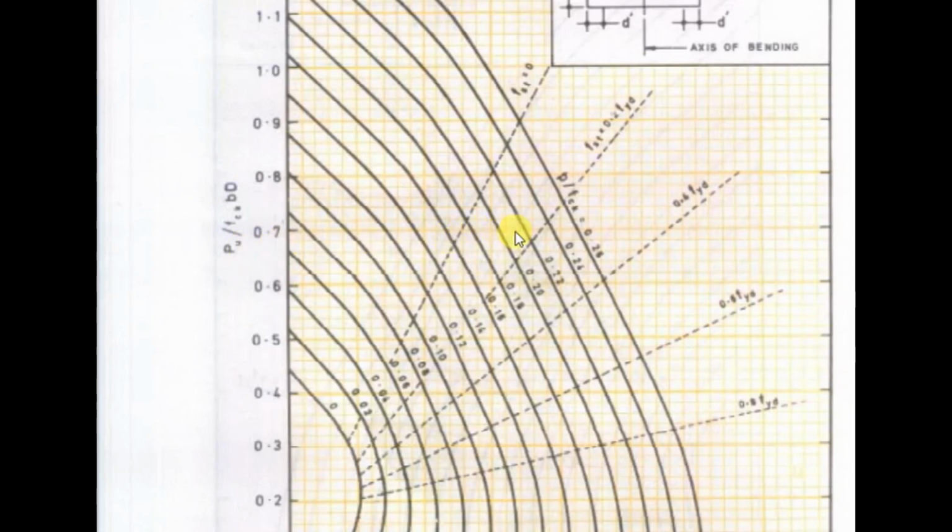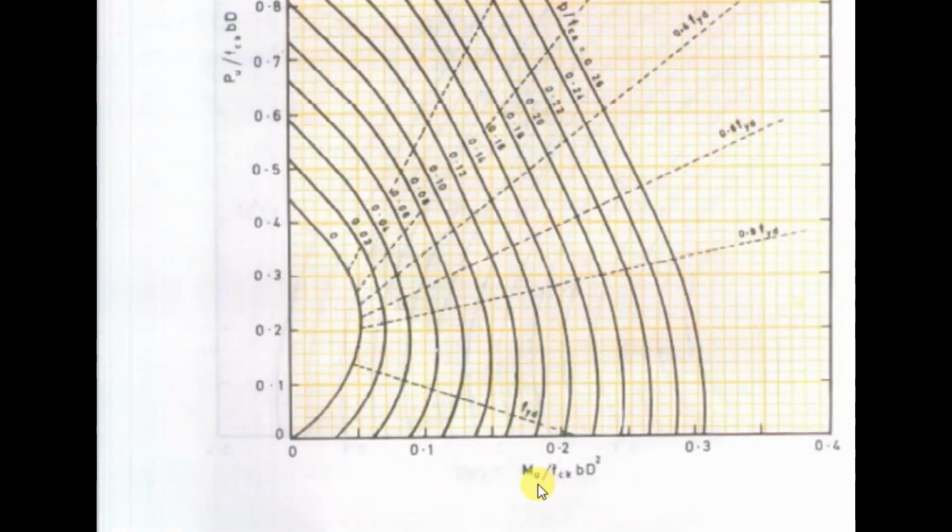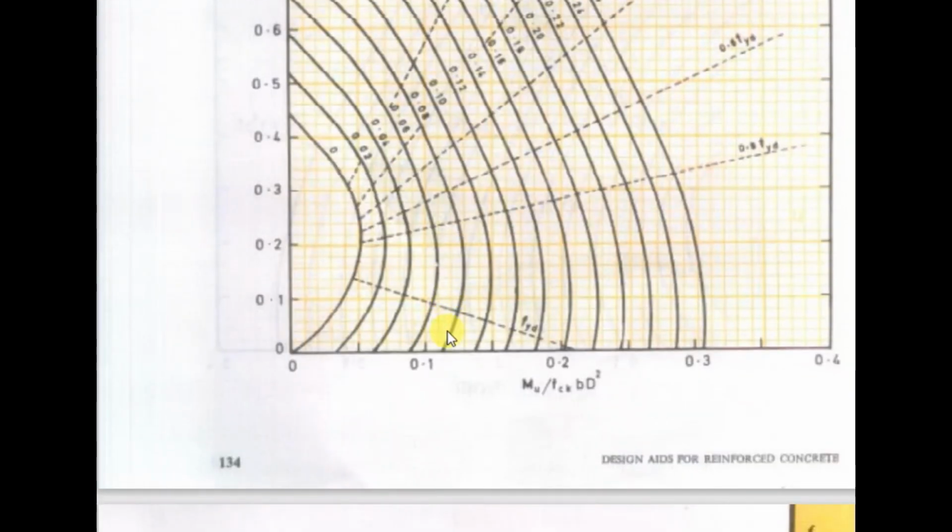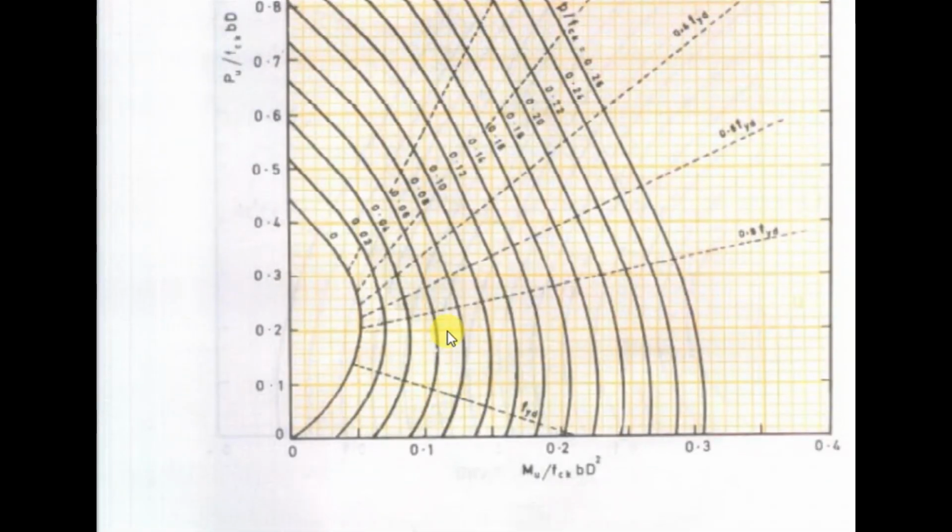Using these two values, we need to find out MU by FCK BD squared. PU by FCK BD is 0.19, it will come around somewhere here, and then P by FCK is 0.048, so here is 0.04 and it will come somewhere here.